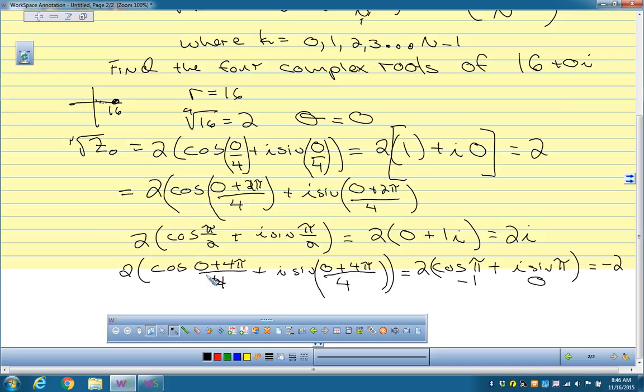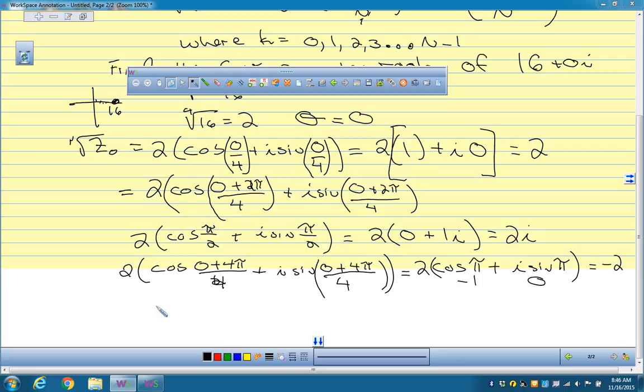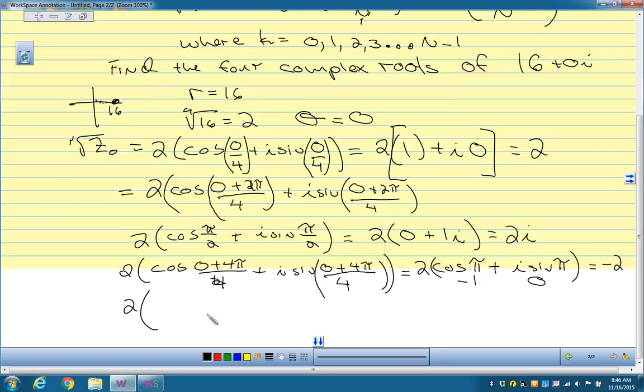The next root is 2 times the cosine of 0 plus how many pi? Plug in 3. 6 pi divided by 4. Right? You understand where I'm going with that?